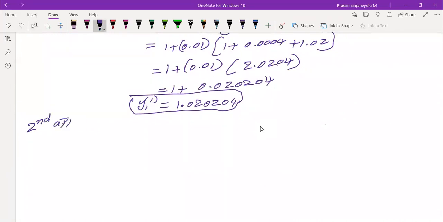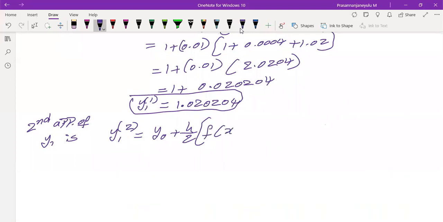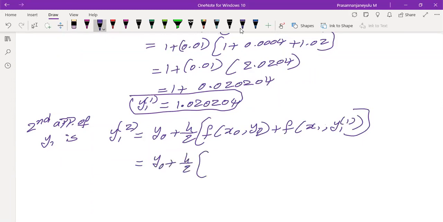Second approximation of y1 equals, what is the formula? y0 plus h by 2 into f of x naught comma y0 plus f of x1 comma first approximation of y1. Actually we need to write x naught square plus y naught every time.